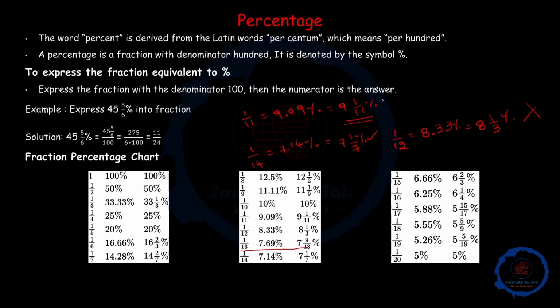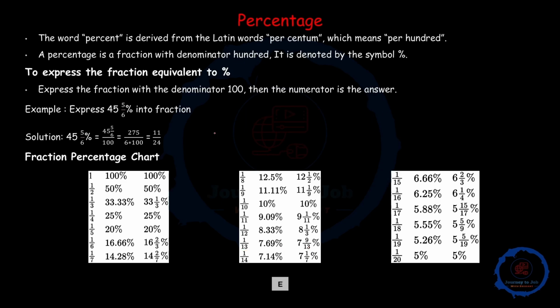This is important. Next 1 by 15, not that important, but it is good if you remember. Next 1 by 16 is also not that important, but it is good if you remember. Next 1 by 17, not important. 1 by 18 not important. 1 by 19 not important. 1 by 20 very important. 1 by 20 is 5 percentage.